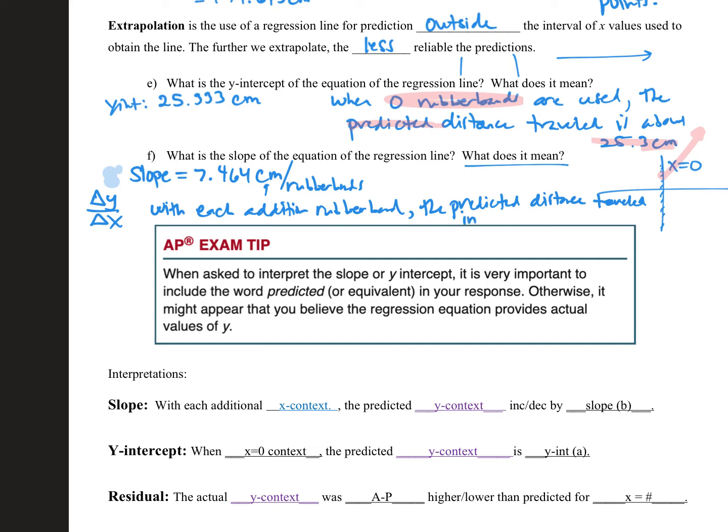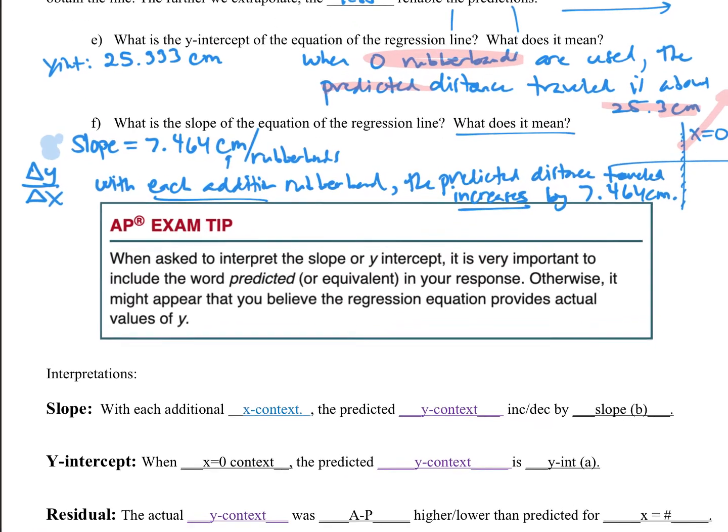Slope's positive here, because that word is going to change. It could be decreases if it's negative slope. But with each additional x value, 1 x added, the predicted distance traveled increases by whatever the slope is, 7.464 centimeters.